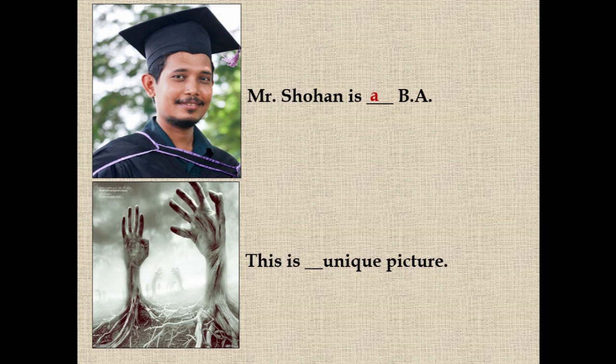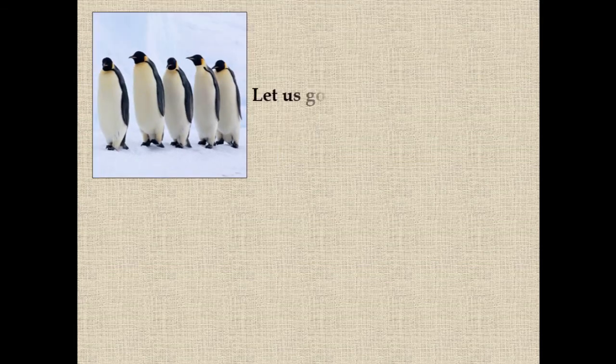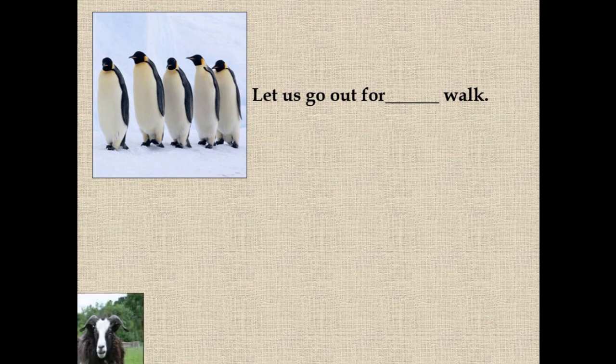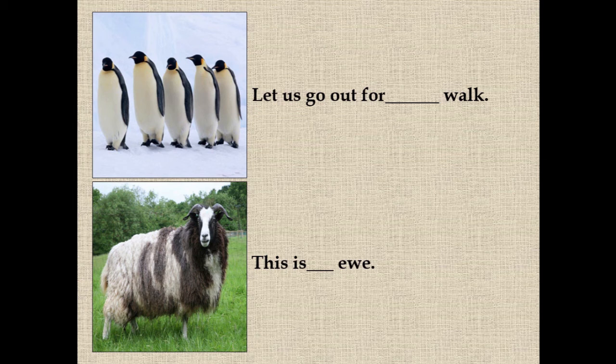So it will be a. Now, let us go out for a walk. So W. Then it will be a. And this is a U. So it will be a.